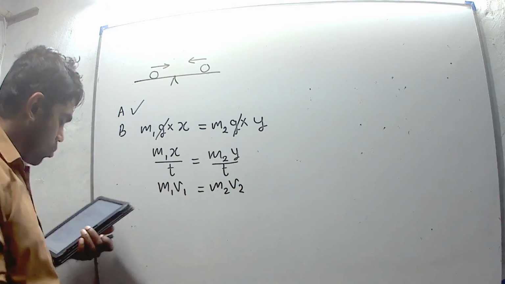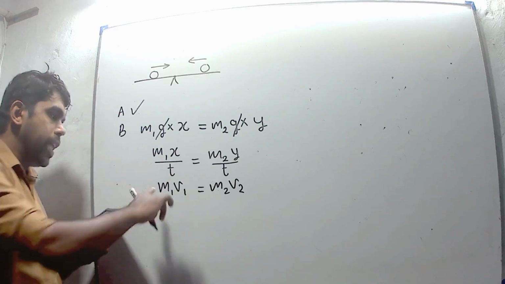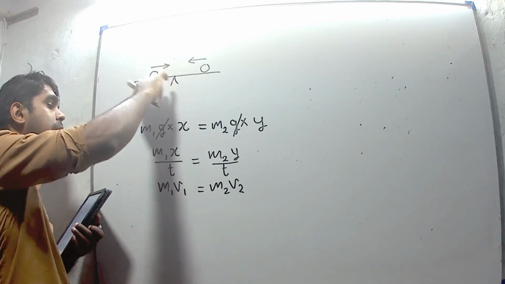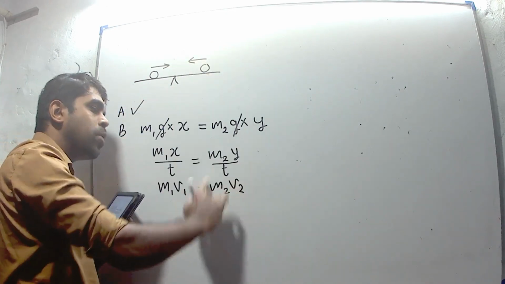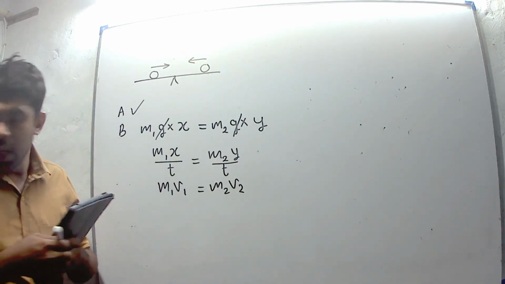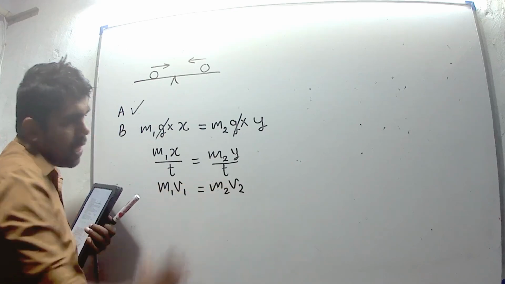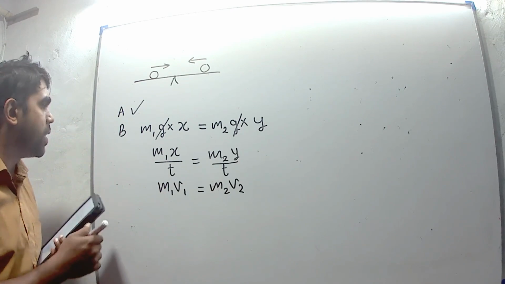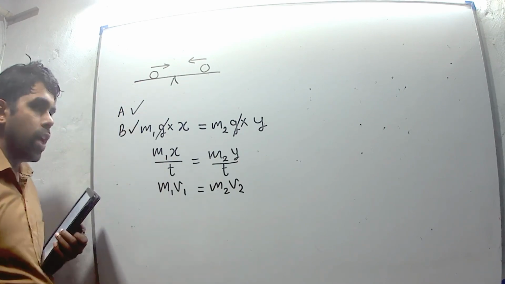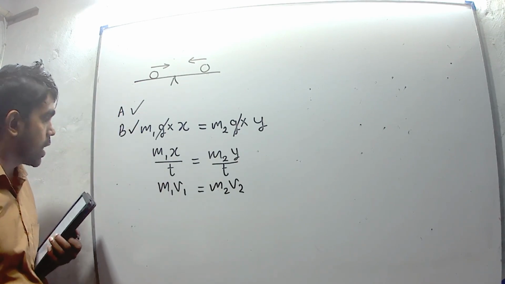Then the linear momentum of this child is M1 V1. Linear momentum of this one is M2 V2. Linear momentums are equal and opposite. Therefore, total linear momentum is 0. Therefore, B is correct.